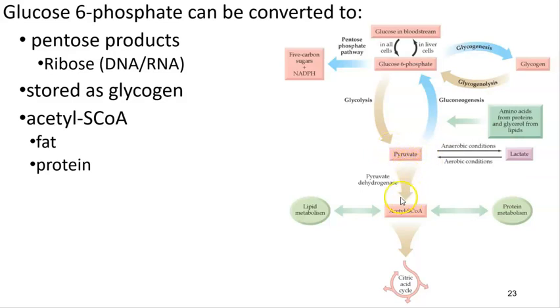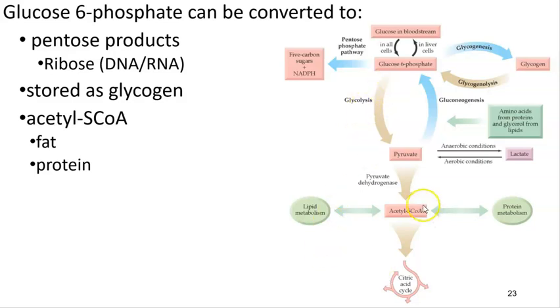We can further metabolize that and get energy, break some of those carbon chains down into acetyl-CoA, and that acetyl-CoA can then be utilized to make fat, or to make some amino acid backbone components and proteins, or we can also take that acetyl-CoA and generate more energy in the citric acid cycle. So really big important molecules in these processes.